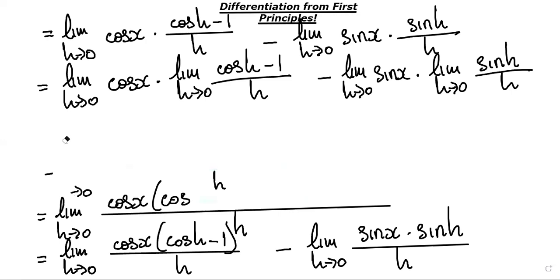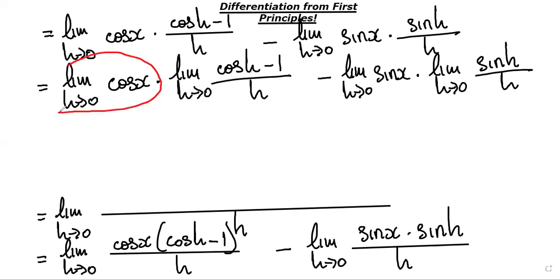And then what do we say from this point? Easy stuff. If you give this a good look, you can actually see that cosine x is just a constant. Why? Because the variable we are working with is actually an h in the context of the limits.